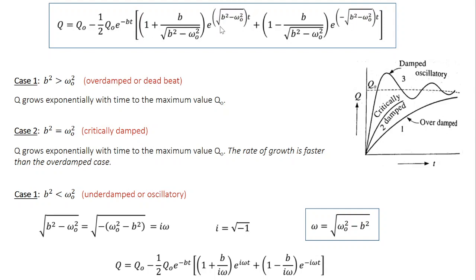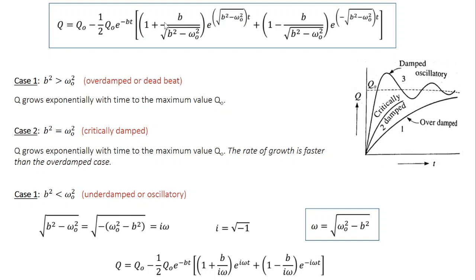Here you have e to the power 0 as 1, here also e to the power 0 as 1. This plus b by square root of b square minus omega naught square and minus this term, these two cancel, so you have 2 here, 2 and minus half, you get minus 1. So q naught minus q naught, you have 0. So you start at the 0 point.